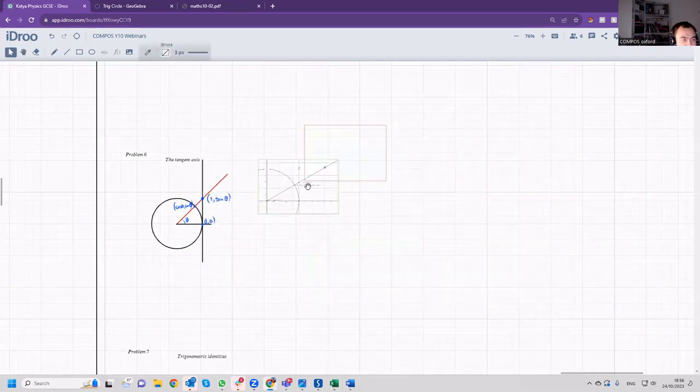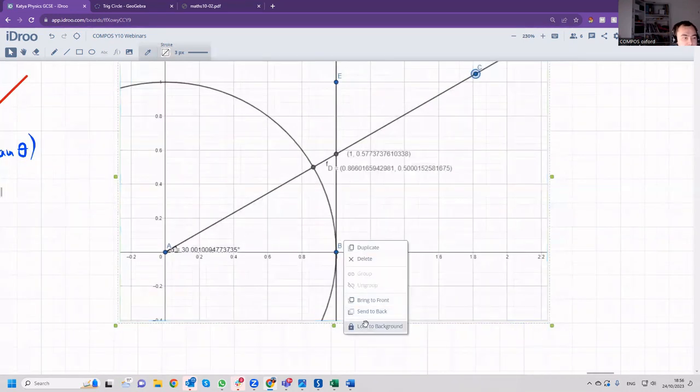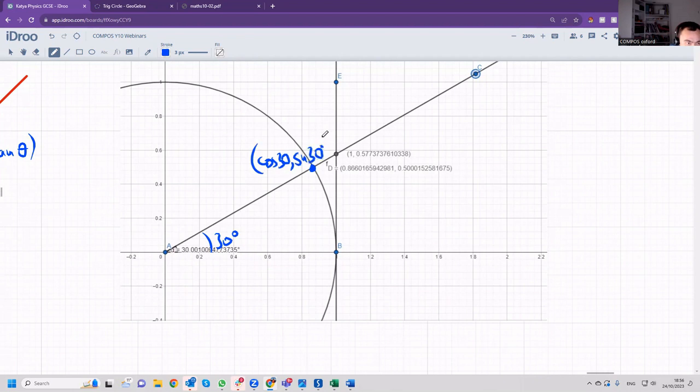If this angle is 30 degrees, the coordinate of this point is going to be cos 30 degrees, comma, sine 30 degrees.